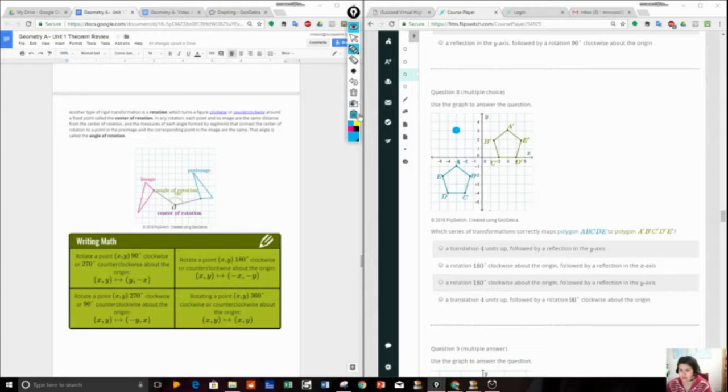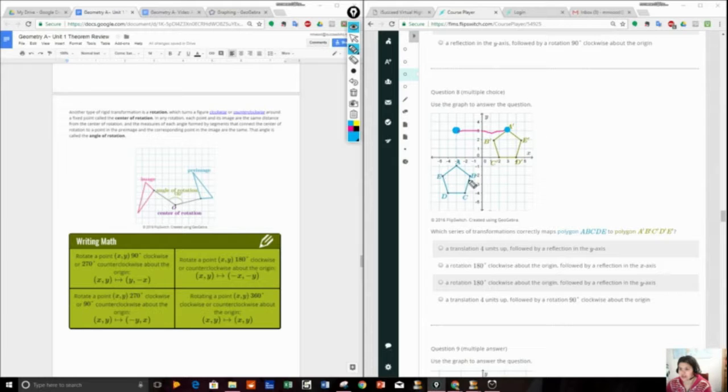So how I'm going to check if it reflected in the y-axis is I'm going to count. It was 1, 2, 3 units away from the y-axis, so I'm going to count now 3 units to the right of it. 1, 2, 3. And yes, that is exactly where that point would land with a reflection in the y-axis.